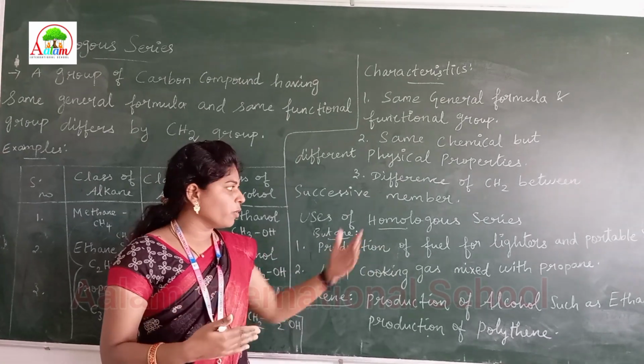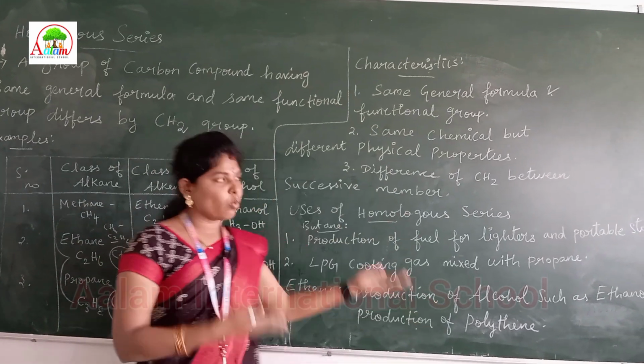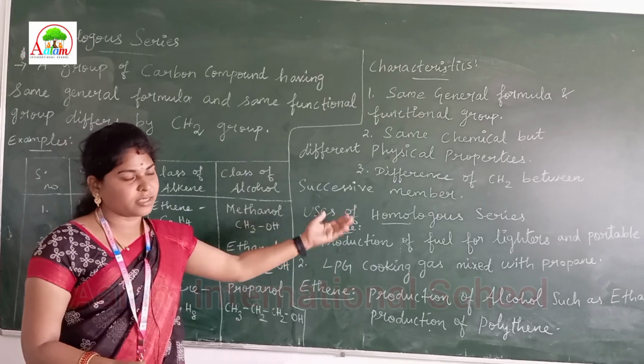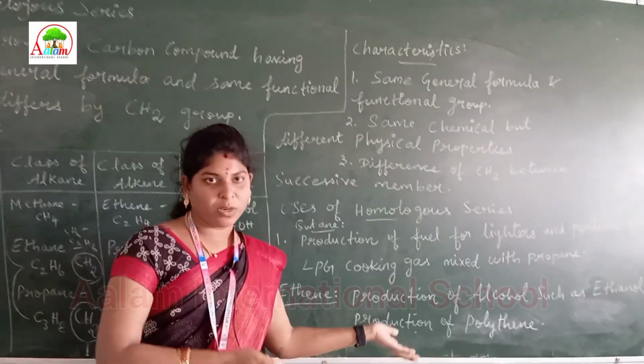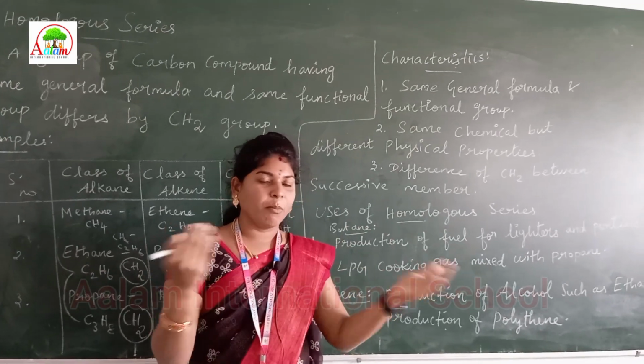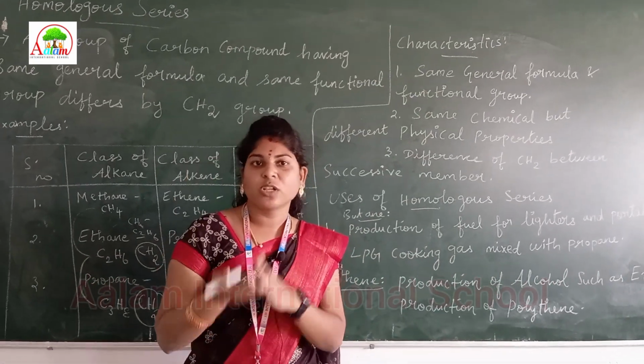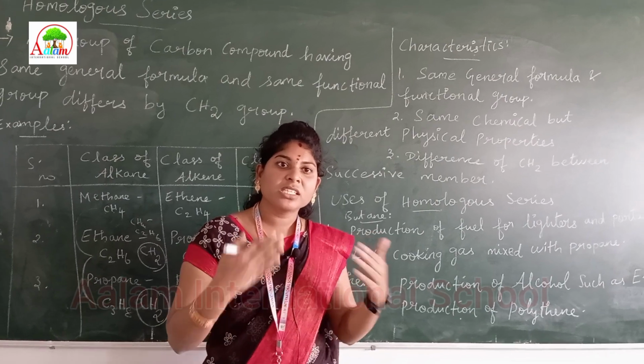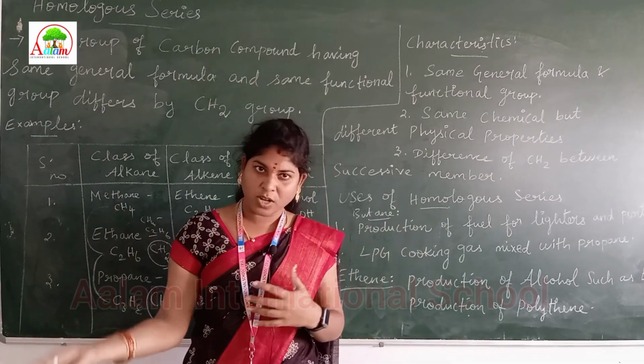Now you come to know why we are studying homologous series, what the purpose is and what the characteristics are. Homologous stands for the general formula and the same functional group. We combine them into the general formula and the same functional group so that it is very easy to characterize each organic compound.